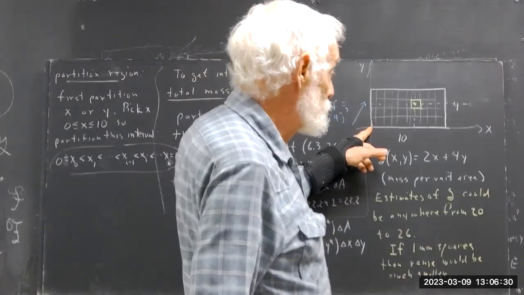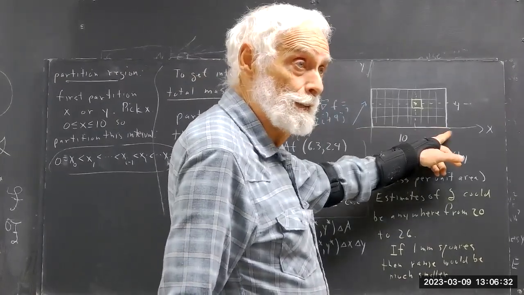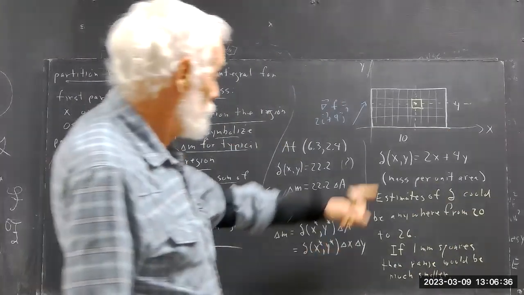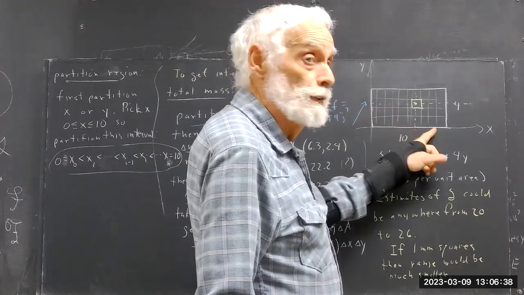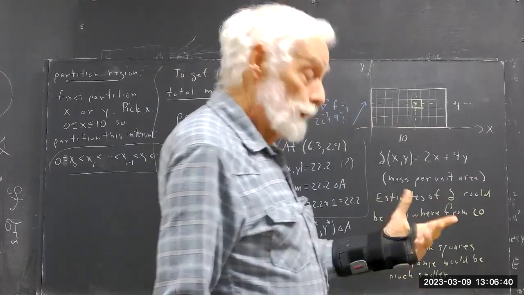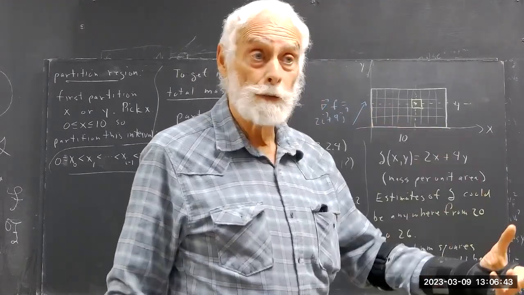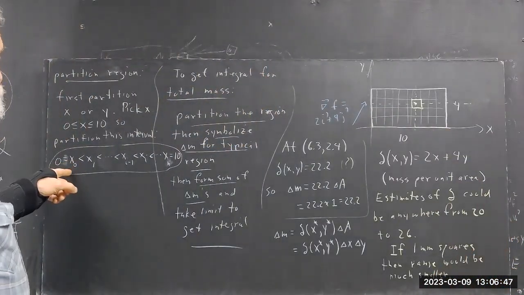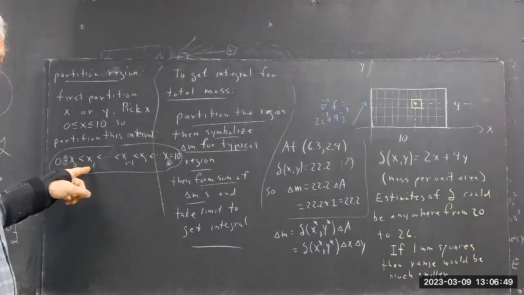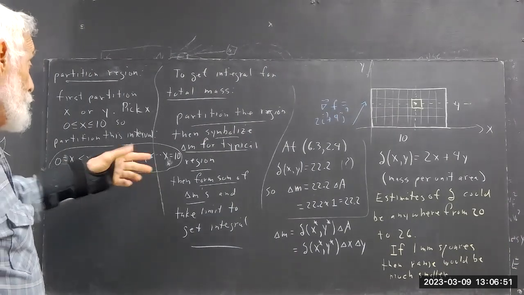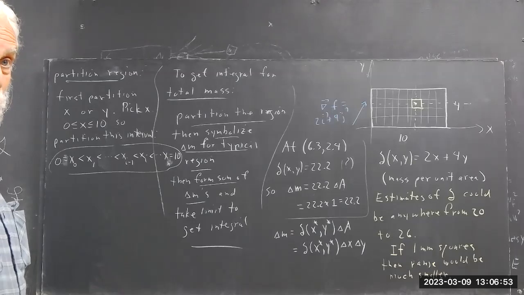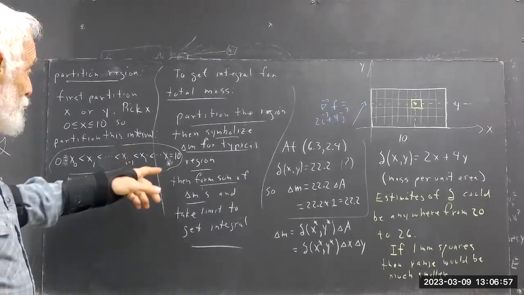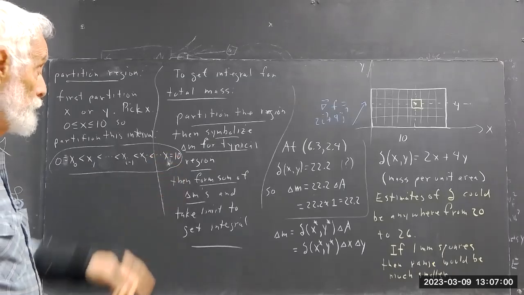And each one of these is less than the other, and we're going to have a series of X values all the way from here to 10. In this case, there were 10 intervals, and they were all of equal length. So X naught would be 0, X1 would be 1, X2 would be 2, Xi minus 1 would be i minus 1, and Xi would be i, and Xn, X10 would be 10.